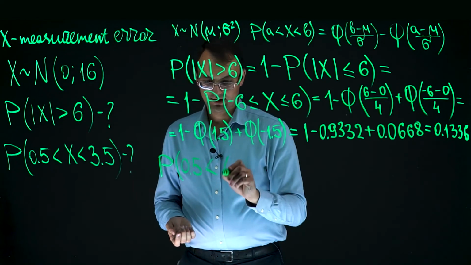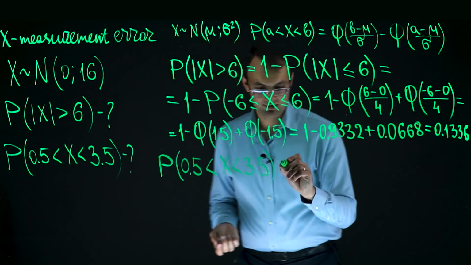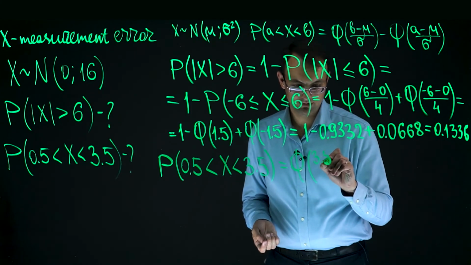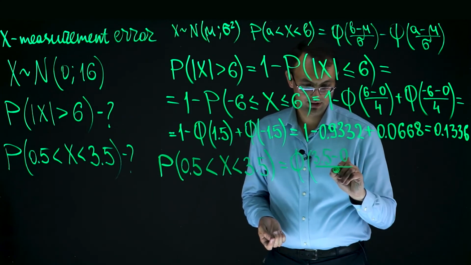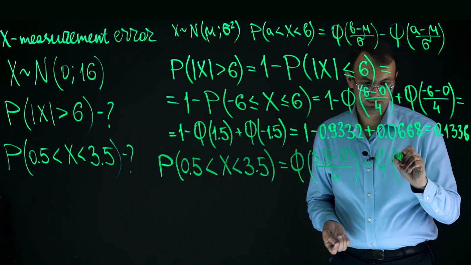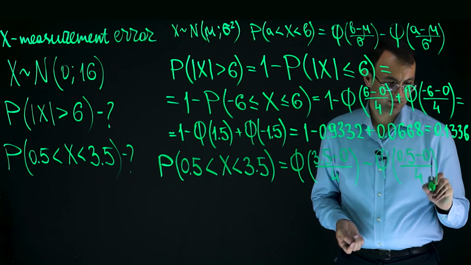Probability that X is between 0.5 and 3.5 is phi of (3.5 minus 0) divided by 4 minus phi of (0.5 minus 0) divided by 4.